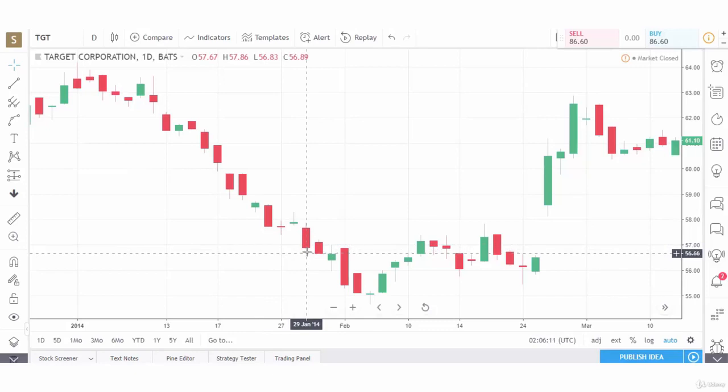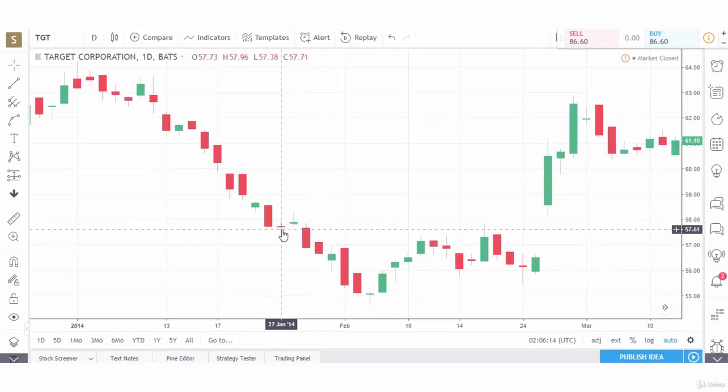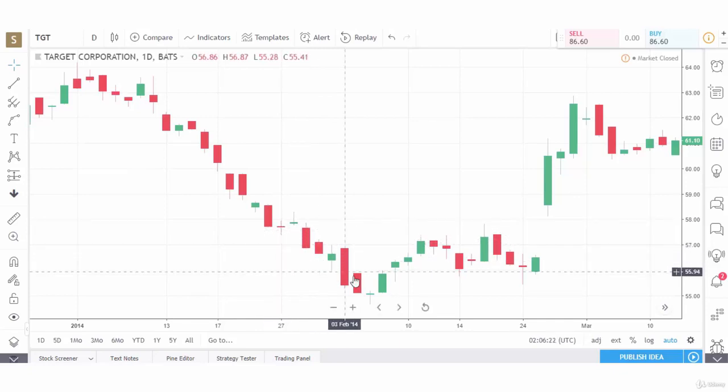But as you'll see over the next 2 days, this did not confirm, and the stock trended down. That's an example of what I'm talking about, and that you need to have both the candlestick in particular that we're looking for, in this case the hammer, as well as confirmation the next few days after seeing this single candlestick.